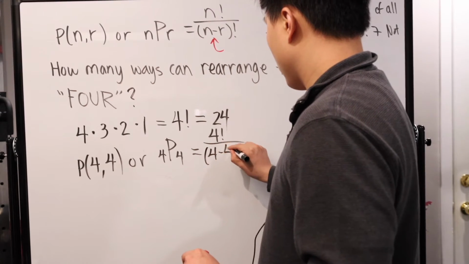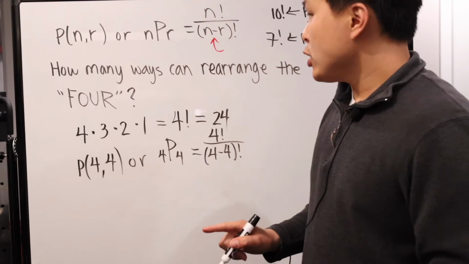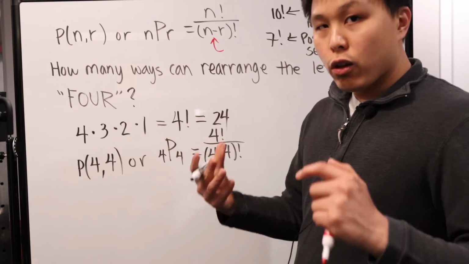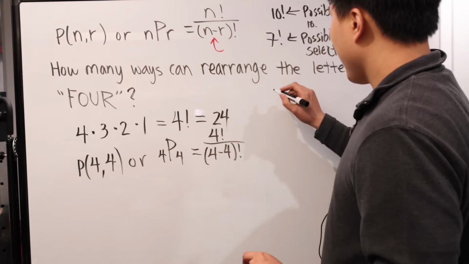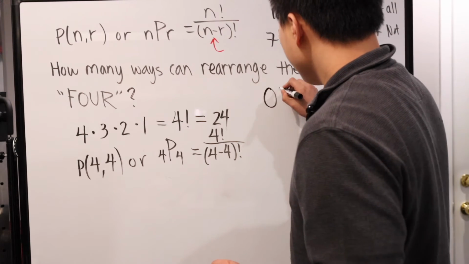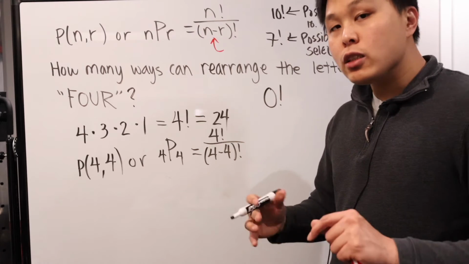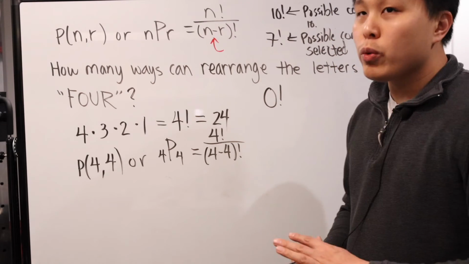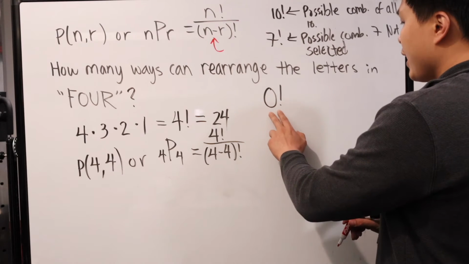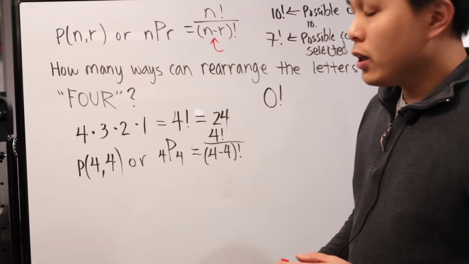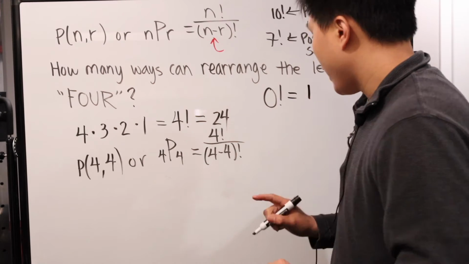4 minus 4 factorial. Now, in the factorial video, I mentioned that there was this one thing that when I learned factorial, I actually had to memorize, and I was trying to find an actual explanation, but the explanation I found, I didn't quite agree with, or didn't really want to accept. The idea is that there's a 0 factorial. 0 factorial, when I learned it, was to memorize it as 1.